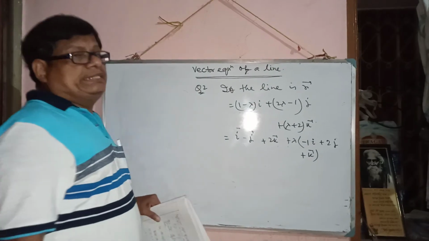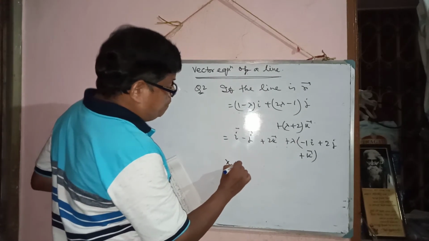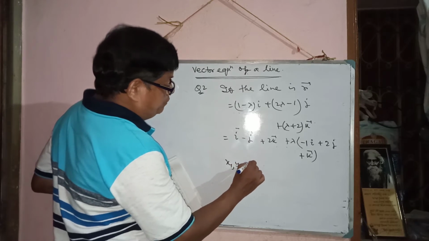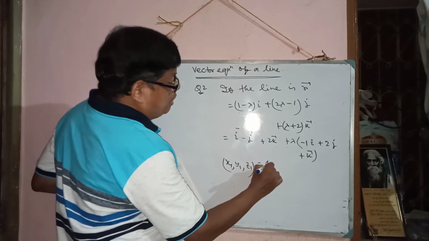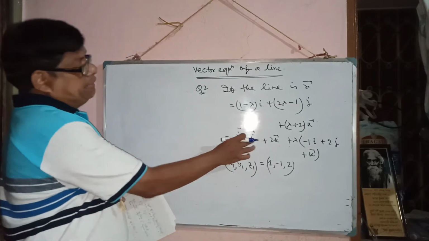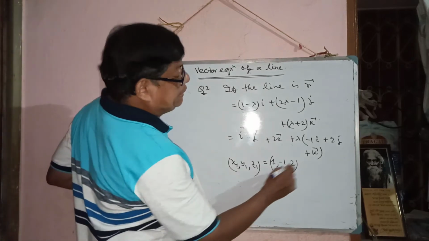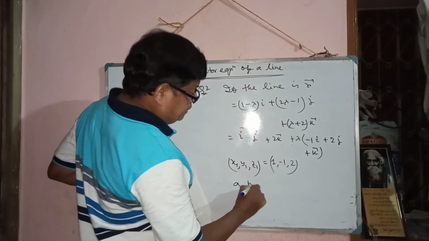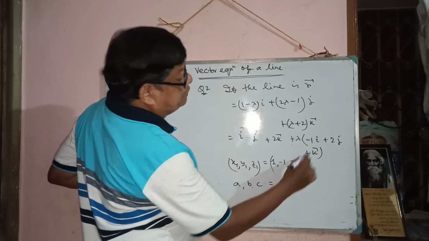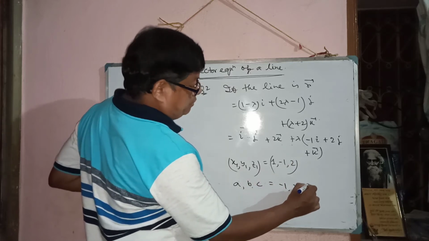So a point is there, x1, y1, z1. You can write 1, minus 1, 2. And a, b, c here are minus 1, 2, 1.